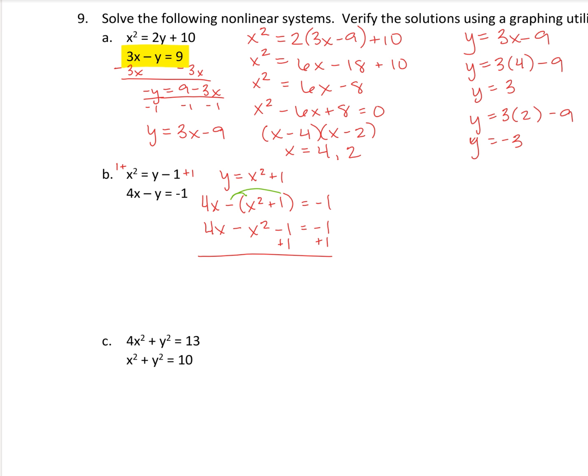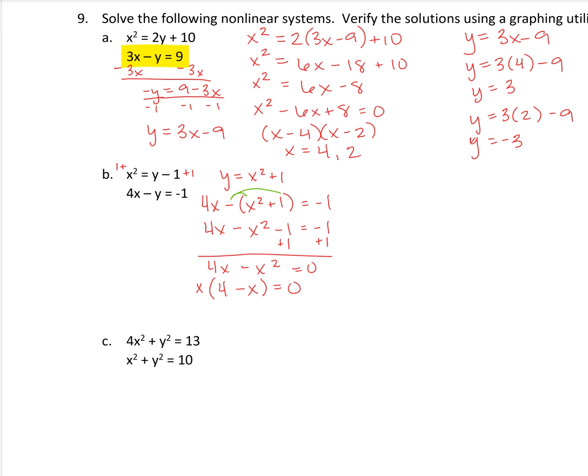It's always going to be on the side of the x squared, so we get 4x minus x squared, and that positive 1 and negative 1 cancel each other out, so it's equal to 0. They have an x in common, so I'm going to pull an x out. So I get x times 4 minus x equals 0.